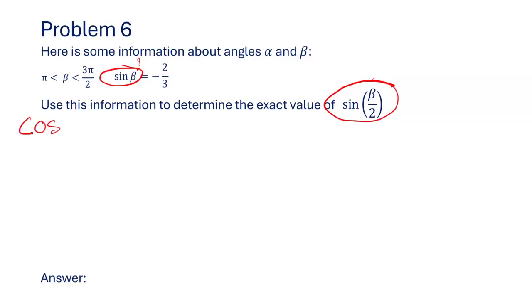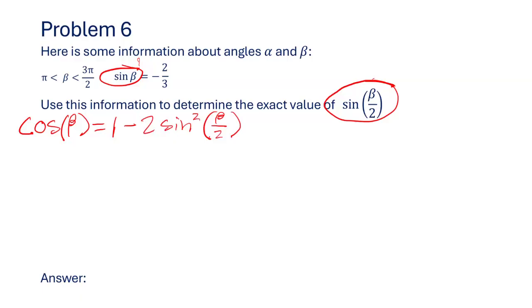In this case, because beta is the double, it's just cosine of beta equals 1 minus 2 sine squared of beta over 2. Okay, so now we have a beta over 2, which is what we're looking for. So we want to solve for that.